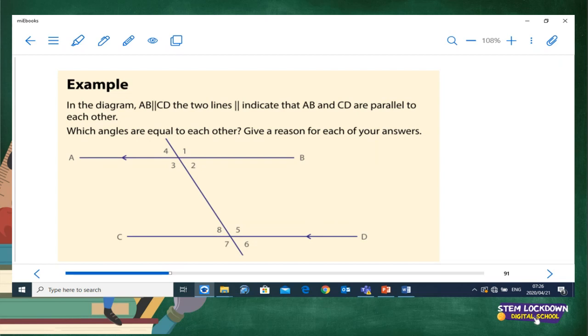Now, these 8 angles, there is a relationship between them. All 8 angles, you'll see that there's a relationship between these angles. And we need to define the relationship between these angles in a manner that will assist us to see the type of angles that are formed.